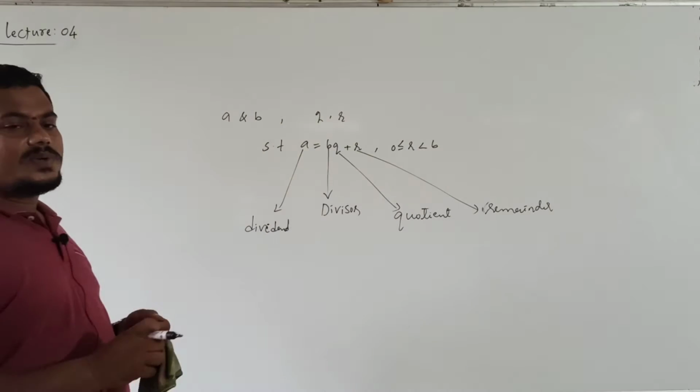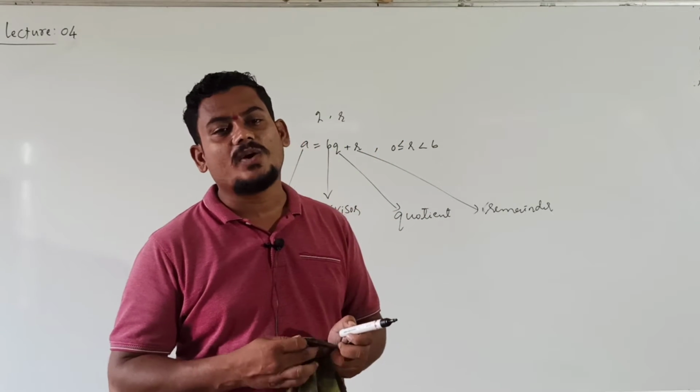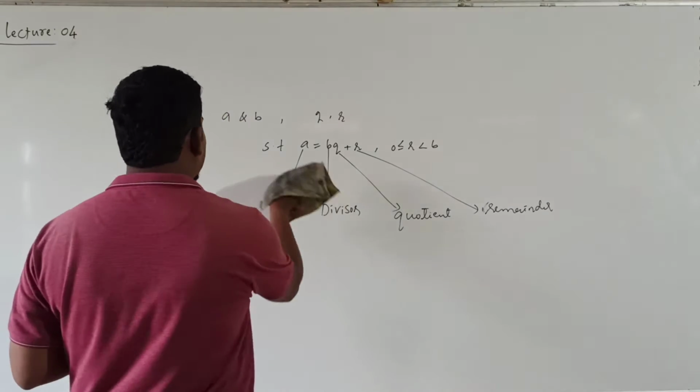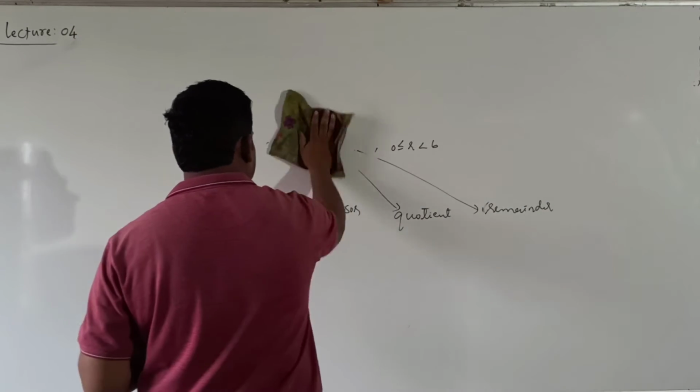We can apply this process for polynomials also. This is known as division algorithm for polynomials. Instead of taking integers, take two polynomials.